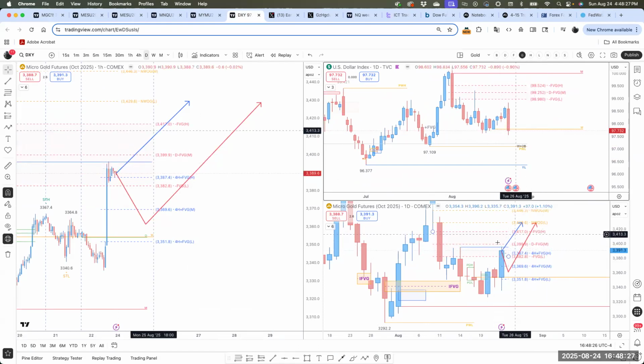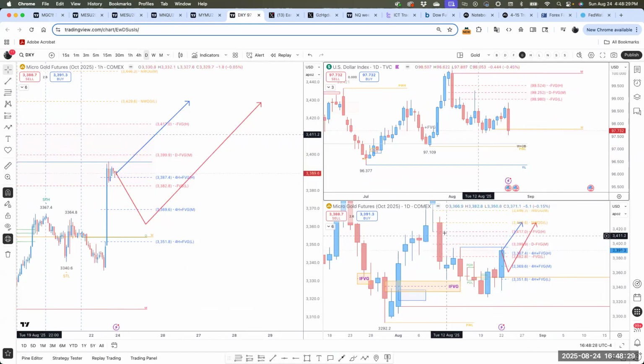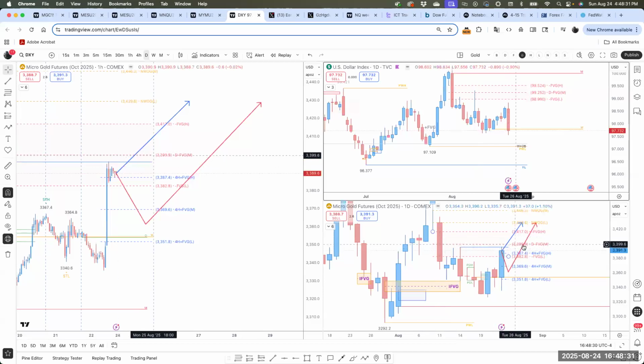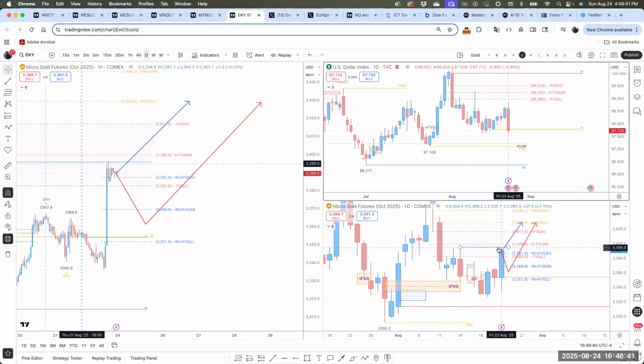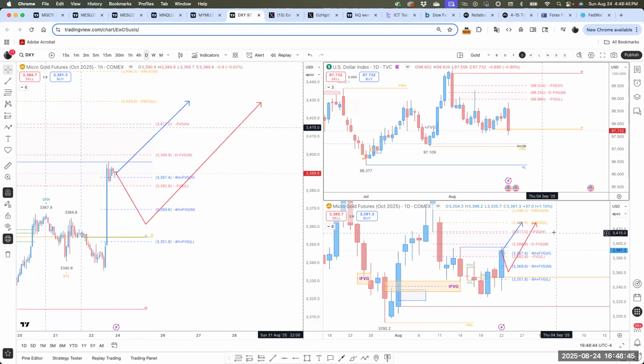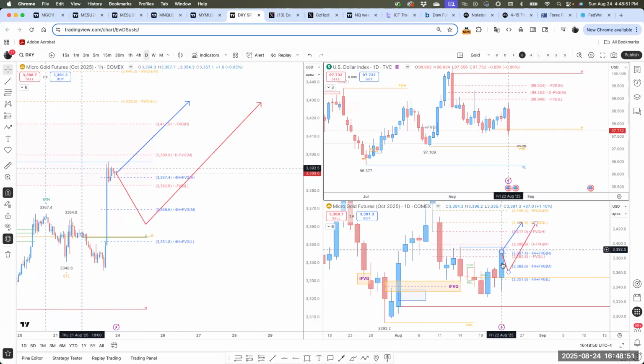So I'll be looking at gold coming deeper into this daily fair value gap, which is from this low to this high, and then covering this whole range. We're pretty much at the middle of it right now, and I would want to see us come up to the high, and hopefully we can get a reaction off of that. If we do have a pullback, I can see us pulling back to this.